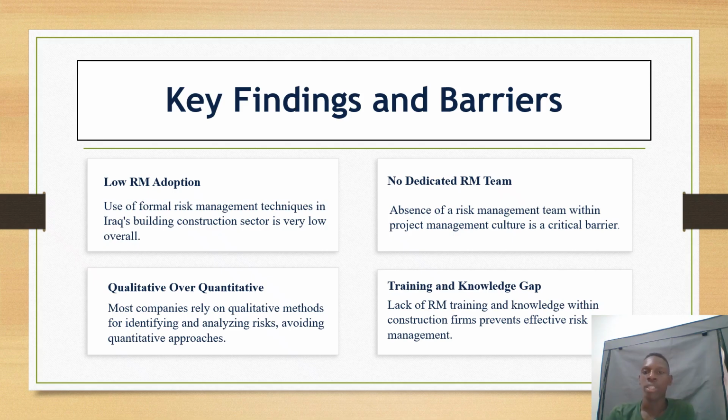There was absence of a risk management team within the project management culture, a critical barrier. Then another thing was the training and knowledge gap. There was lack of risk management training and knowledge within construction firms, and this prevents effective risk management.